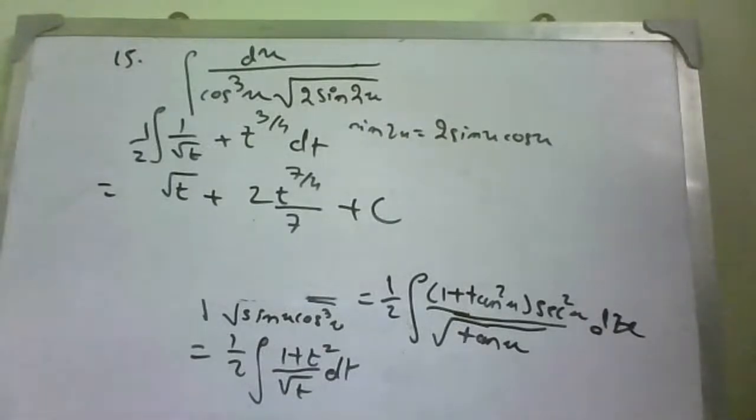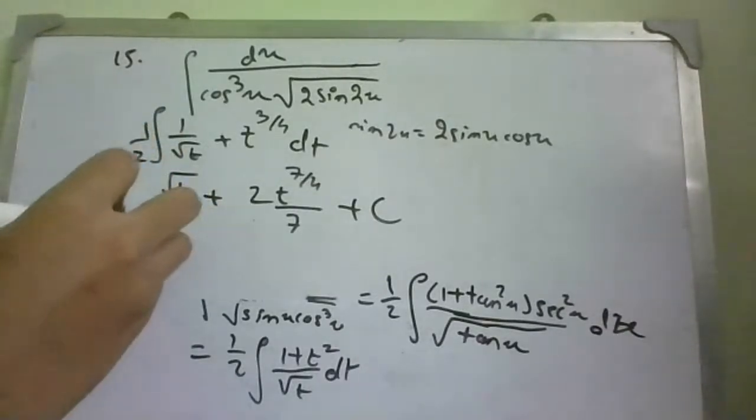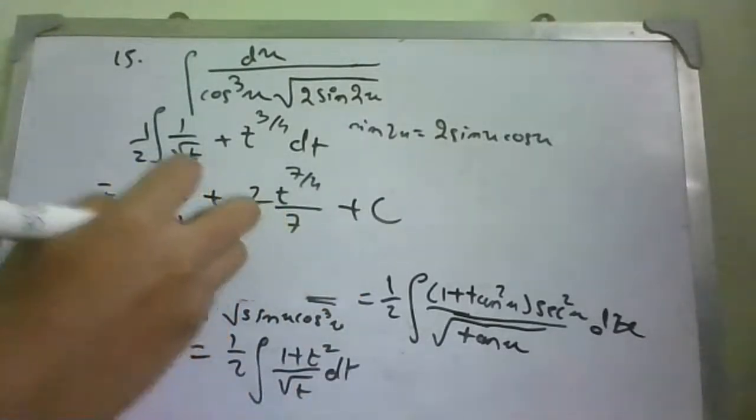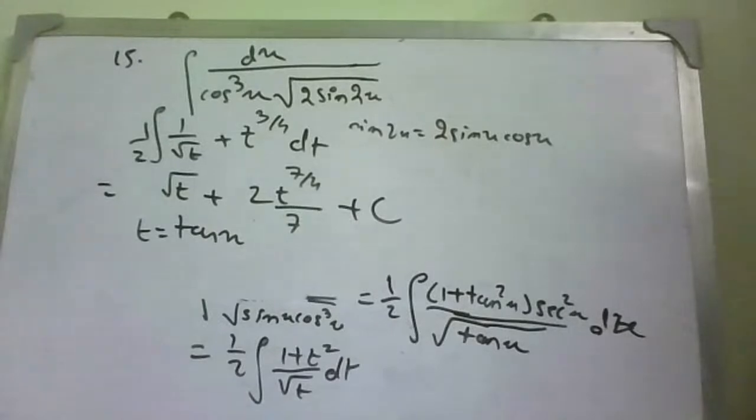Please do rectify me if I'm making a mistake. I don't know the answers. I just took the questions and I'm solving them. I'm not sure whether I'm doing it right or wrong. Please rectify me if I'm doing it wrong. So what is t? T is tan x. Okay, I don't think I made a mistake over here.